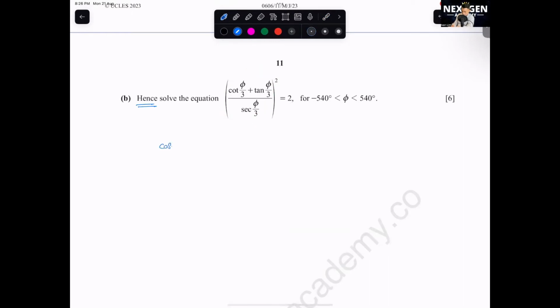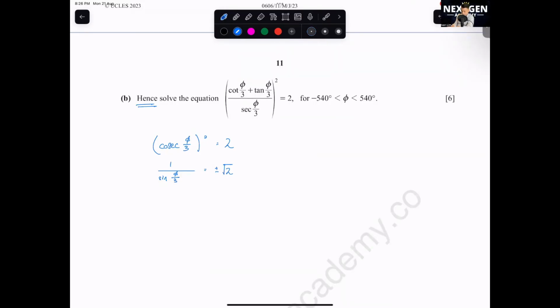So cosec of 5 over 3 theta, squared, equals 2. I'm going to open up the cosec to become 1 over sine of 5 over 3 theta. Your square, you bring over to the right-hand side, it becomes plus minus square root 2.